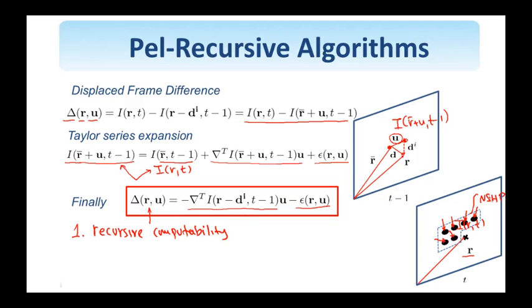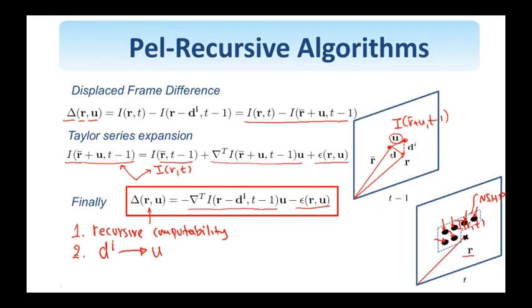This allows me to obtain a good initial estimate d of I of the vector field, which then forms an optical flow equation here that will solve for the update u of the vector field.